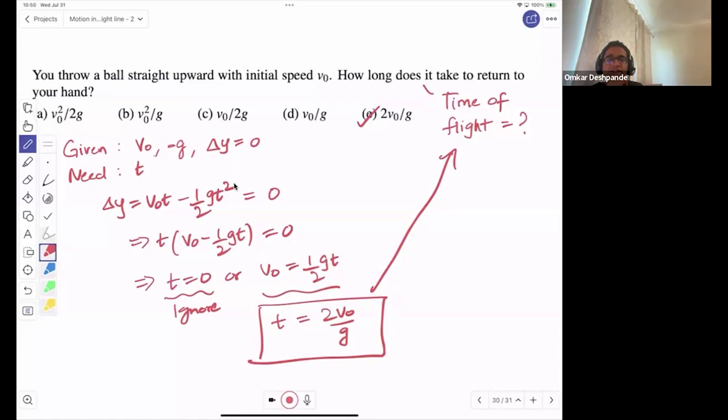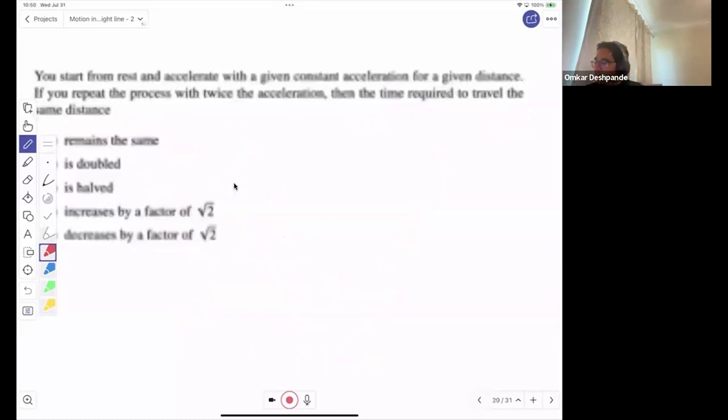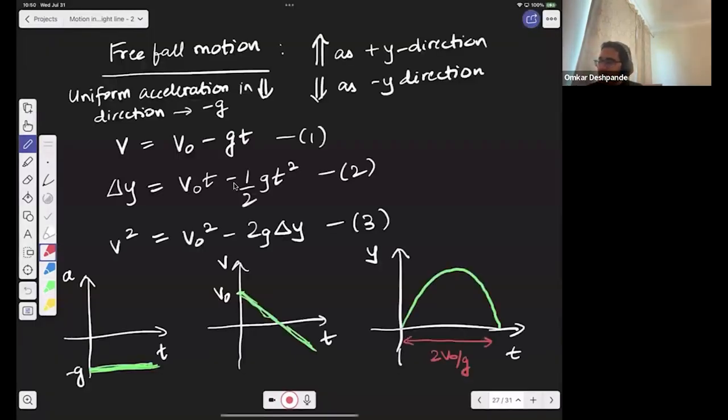Okay, question here on the chats. Can we not assume that the final velocity will be 0 as the ball returns back to our hand? In that case, can we not use the first equation of motion? If you know what the final velocity will be, then you can use the first equation. The problem is, in the first equation of motion, I don't know what v is.